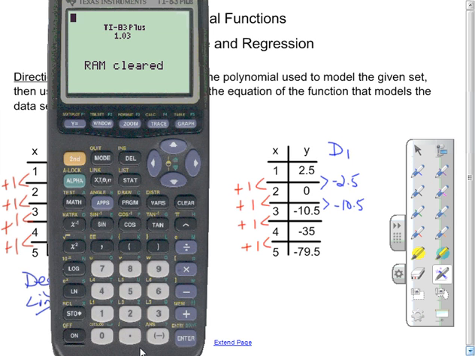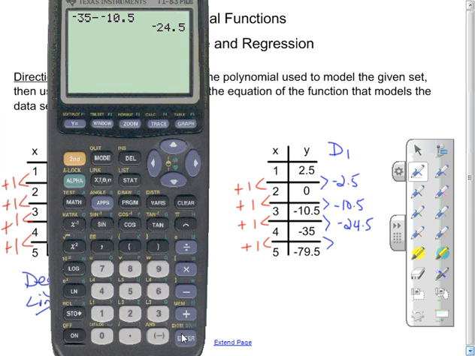Now, already I see that these are not common differences, so I know it's not linear. But I'll continue on. Negative 35, I'll go into my calculator to not make a sign mistake, minus negative 10.5 is a difference of negative 24.5, and then negative 79.5 minus negative 35 gives me a difference of negative 44.5.